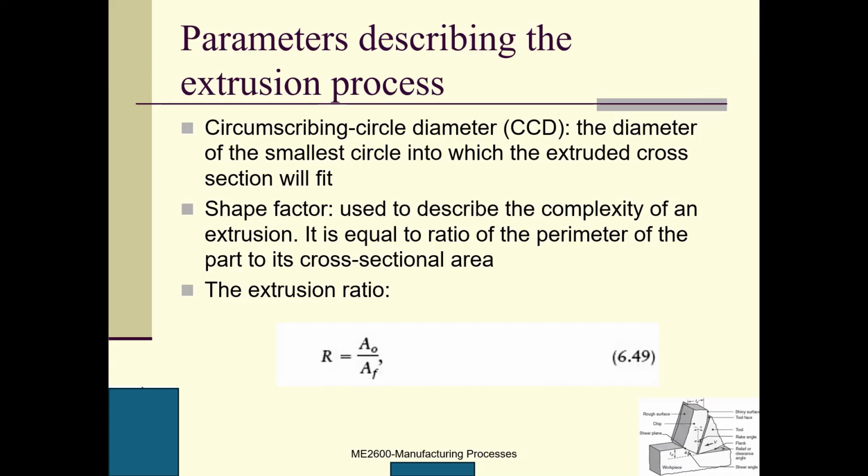The other two: the first one is the circumscribing circle diameter, called CCD. It is the diameter of the smallest circle into which the extruded cross section will fit. And the second one is the shape factor, which is the ratio of the perimeter of the part to its cross-section area.